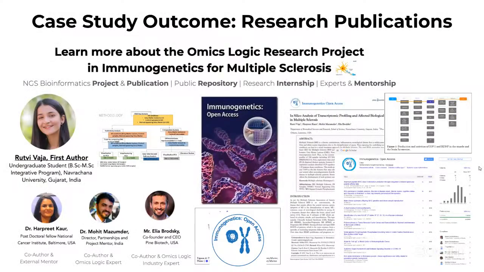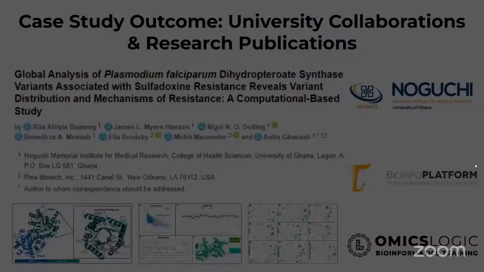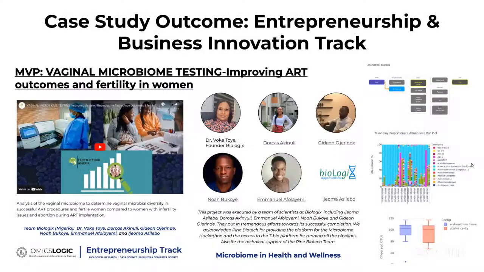Students also join to get a research publication done that gives them an extra competitive edge over other students while applying for higher studies or in the job market. And one of the unique highlights is that faculties and researchers have also collaborated to carry out publications, and it is also possible to pursue an entrepreneurship and business innovation track if you're someone with a knack for business and science.